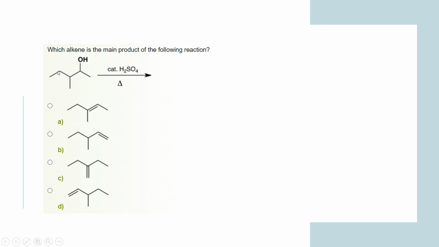Anyway, this molecule is symmetric, so either from here or from here, after eliminating the oxonium, you eliminate the proton and you will get a double bond in this position or this position. Either way the product is the same. So out of the four possibilities, this Saytzeff product will be the correct answer.